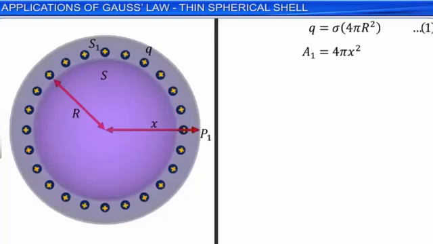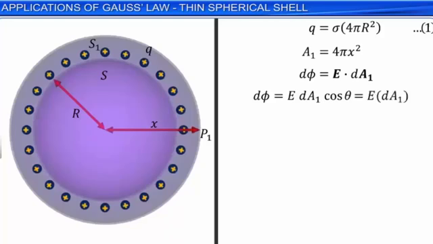The imaginary sphere is the Gaussian surface. The electric flux d phi passing through a very small element of area dA1 of the Gaussian spherical surface S1 is equal to E dot dA1, which is equal to E dA cos theta, where theta is the angle between the directions of the electric field E and the area vector dA.